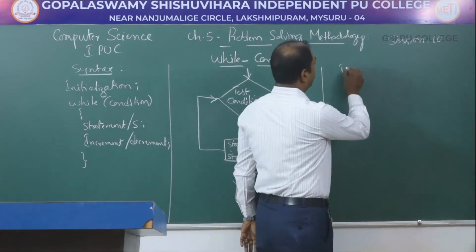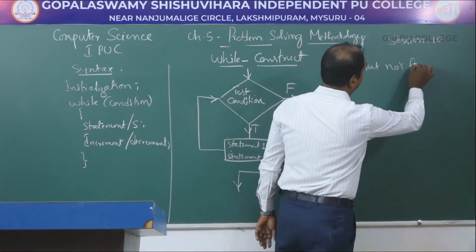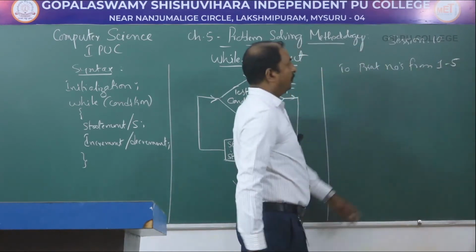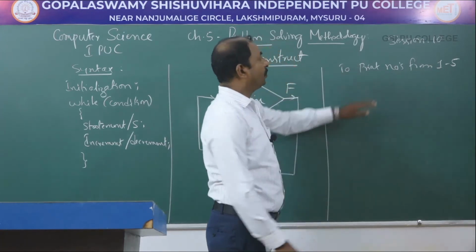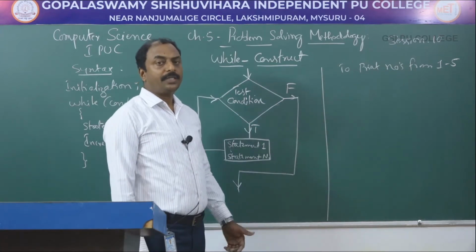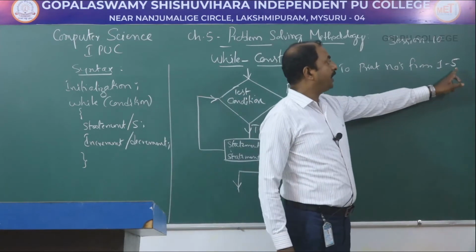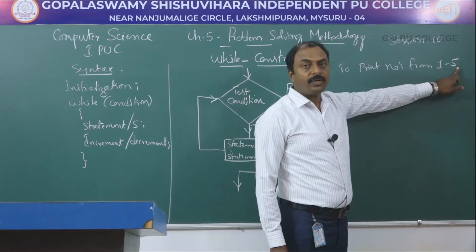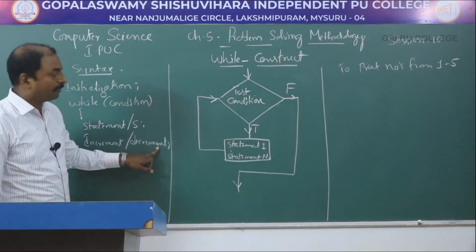Now let us see an example of the same. I want to print numbers from 1 to 5. As I told you in my previous session, whenever we are working with loop structures or iterative statements, we should be aware of the starting value and the ending value, and in between we have either increment or decrement statements.